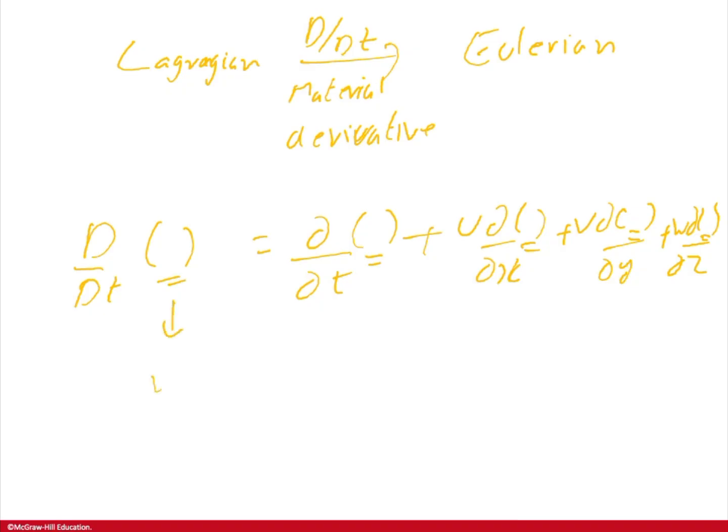So this can be velocity, we talked about concentration, it can be density, it can be pressure, it can be shear stress, and so on and so forth. This allows you to go back and forth or connect the Lagrangian description to the Eulerian description. So that's the goal, and that's the big takeaway you want to take away from here.